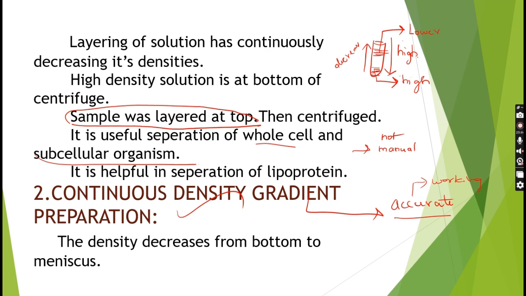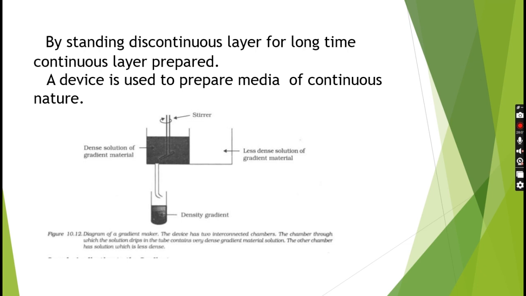In the case of continuous density gradient centrifugation, the density decreases from the bottom to the meniscus. It's also like the discontinuous gradient, where the highest density is at the bottom and the lowest density is at the meniscus, that is at the top. But the method of gradient preparation is different.